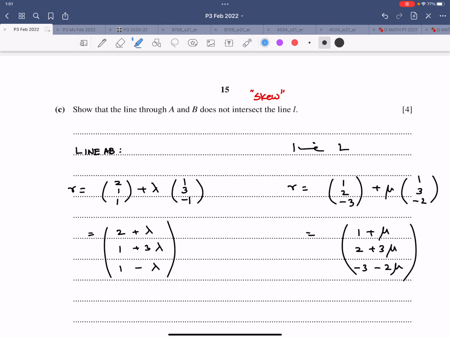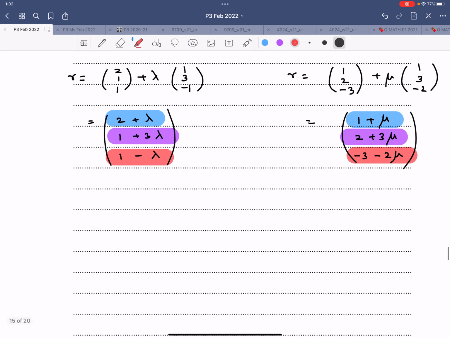Now let me underline this pair of equations, and the next pair, and the last pair. So you have 3 pairs. Choose any two. 2 plus lambda equals 1 plus mu, that is equation 1. 1 plus 3 lambda equals 2 plus 3 mu, that is equation 2. Now solve simultaneously.